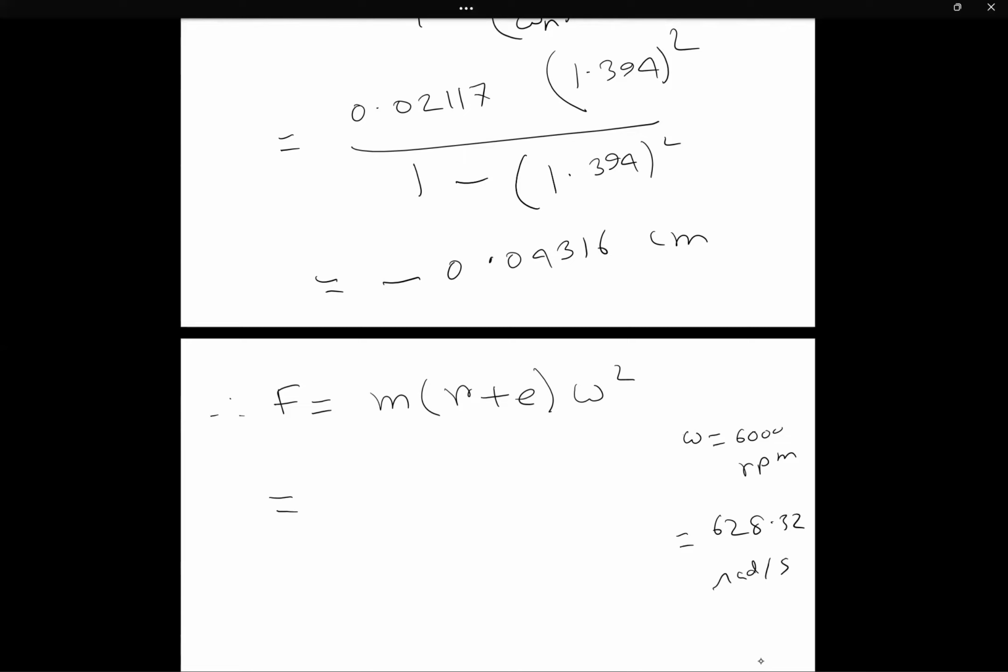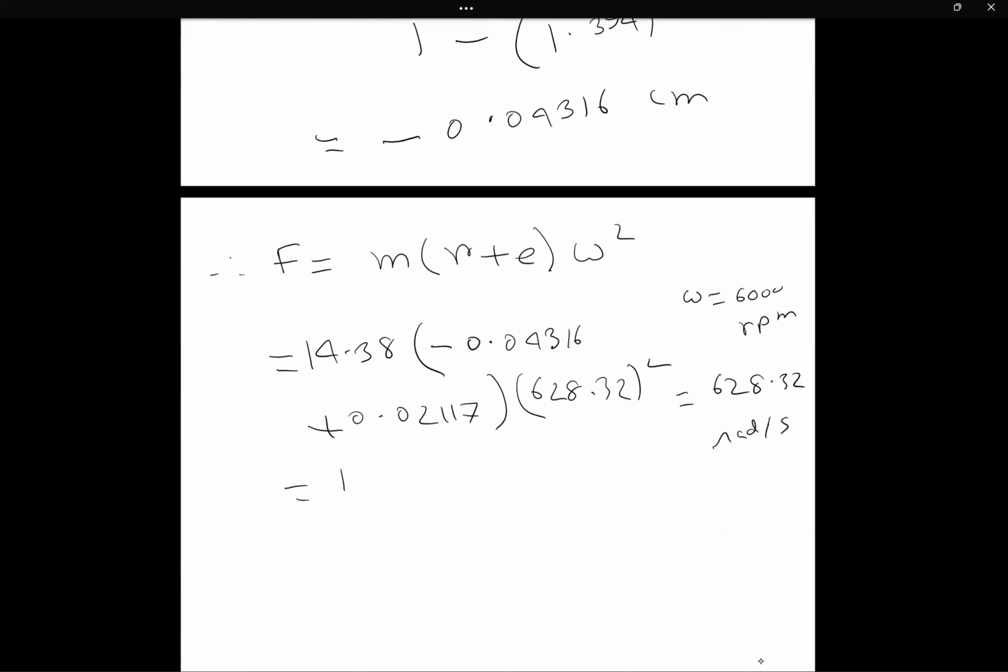Now I'm just going to put in all the values: 14.38, R is equal to minus 0.04316 plus E, which is 0.02117, multiplied by omega square, 628.32 square.